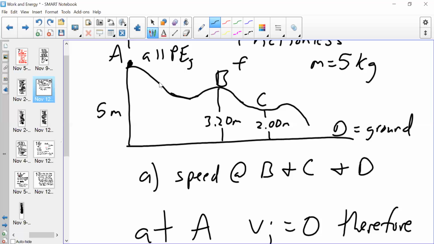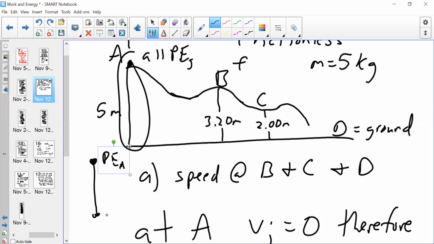This path is not important, so let's just take this guy here, because this is what's really going on. I'm dropping a ball from A all the way down to D. So I know that here is all potential, and at D, it's all kinetic. In the middle, there are different stages of each.